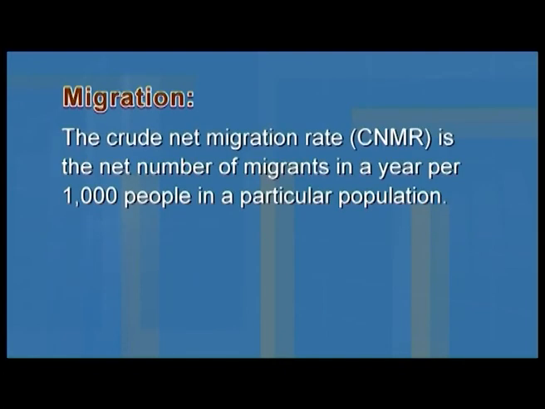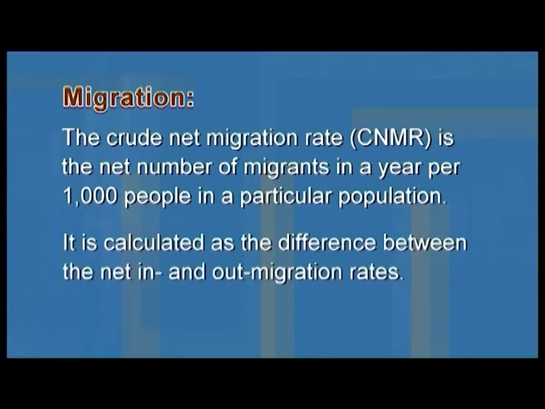The crude net migration rate is the net number of migrants in a year per thousand people in a particular population. It is calculated as the difference between the in and out migration rates.